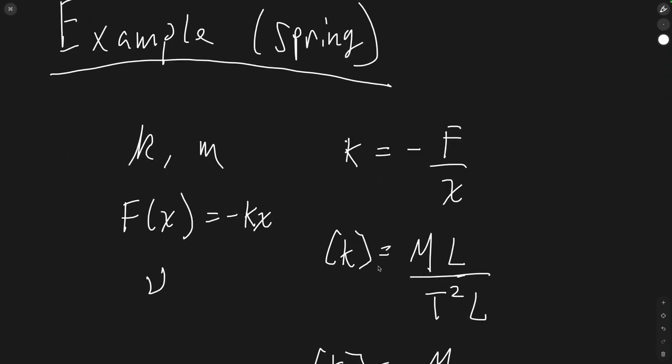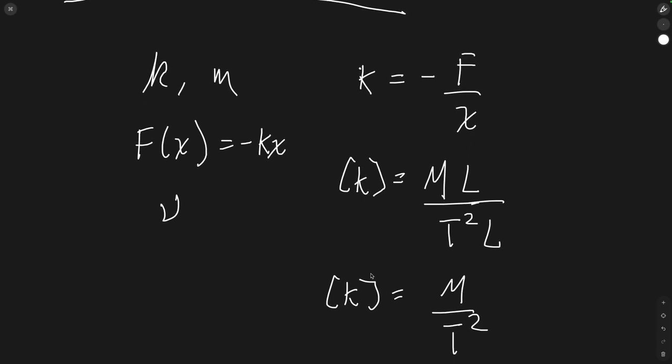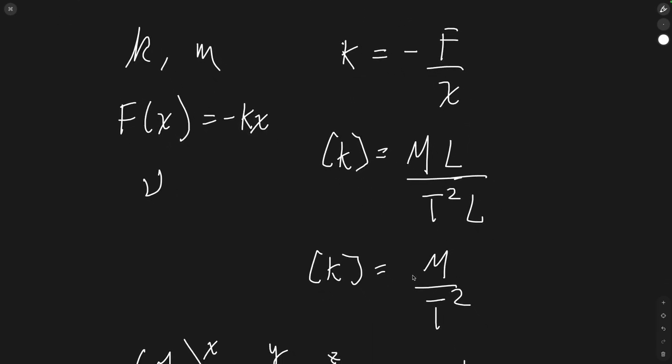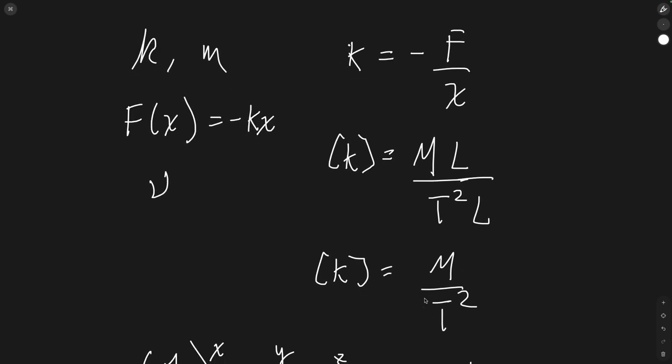K, the units of k come in these units, mass over time squared. I got that because we know that F equals negative kx, and rearranging, we have that k equals negative F over x.